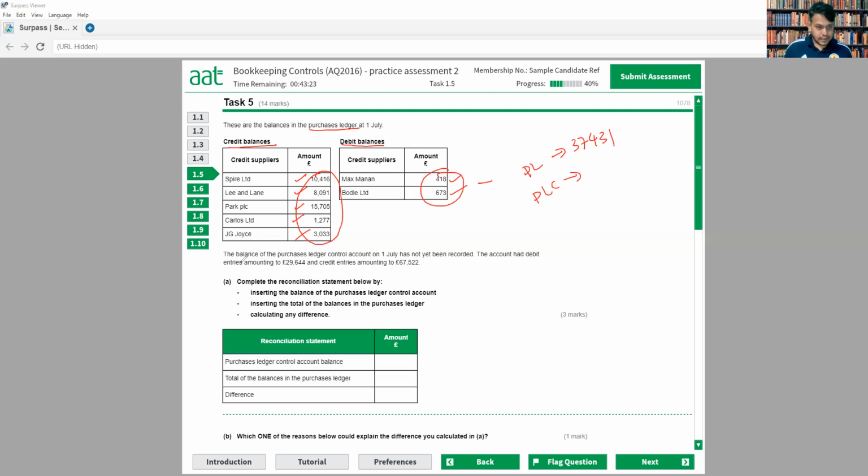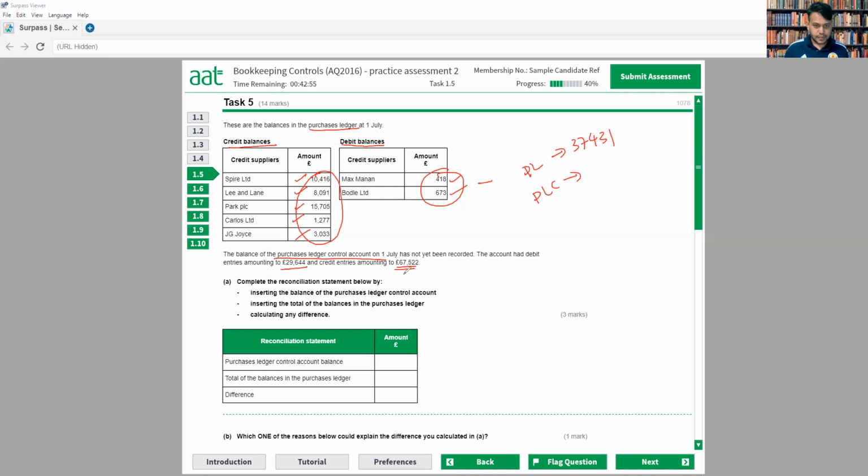Then the next point says the balance of the purchase ledger control account has not been recorded. The account had debit entries amounting to 29,644 and the credit entry is this. So again, we have to find the difference, credit minus debit. 67,522 minus 29,644.